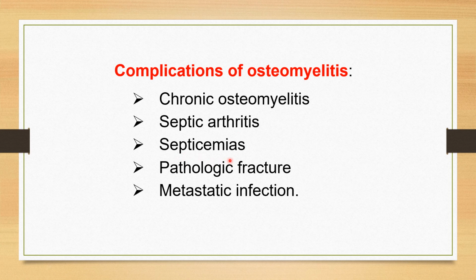Septicemia, the infection from the local site of osteomyelitis spreads to the entire body via the hematogenous route. And these foci of infection may get lodged in any organ like brain, lungs, liver, joints, etc. and may create another problem.